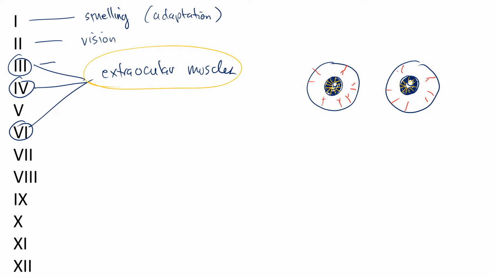Now, basically, you can divide them. Again, if you really want to learn about extraocular eye movements, it's not as simple as you think. But given enough time, it's not exactly hard. It's a bit complicated and it will take time.